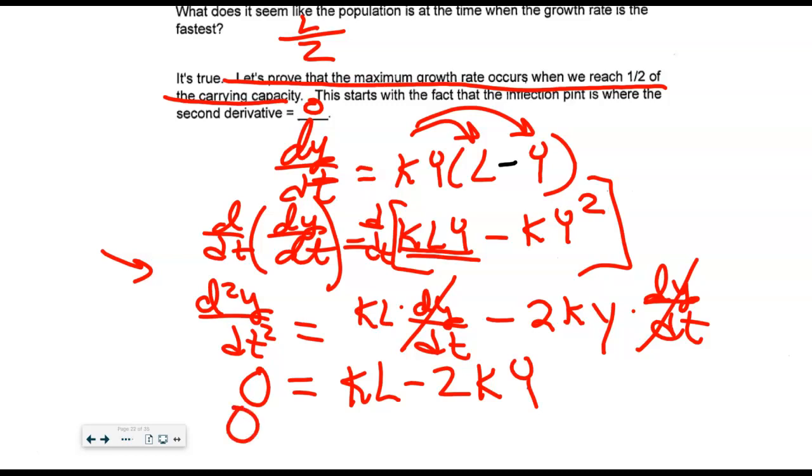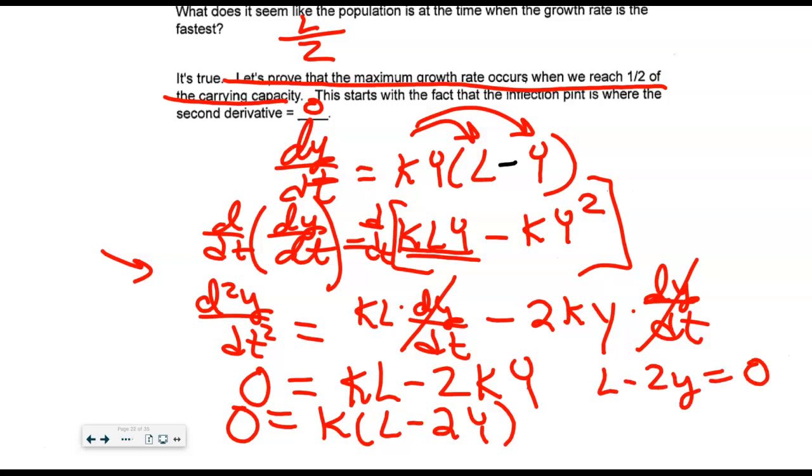All right. This is really good theory here. Now we're back to algebra 1. Zero product property. For a product to equal 0, either k has to equal 0, which it can't. It's a constant of proportionality, and if it was 0, we would have 0 growth. So L minus 2y has to be 0.